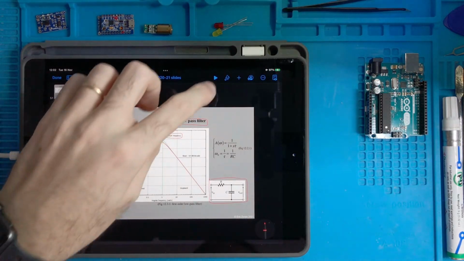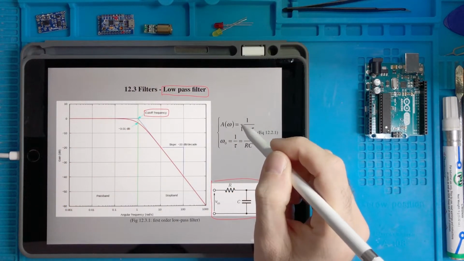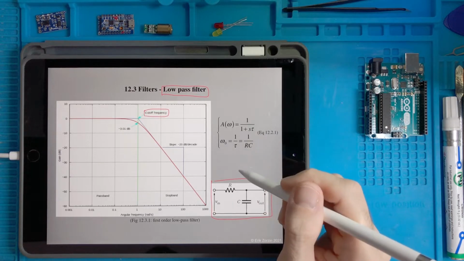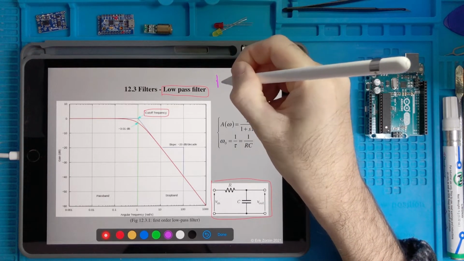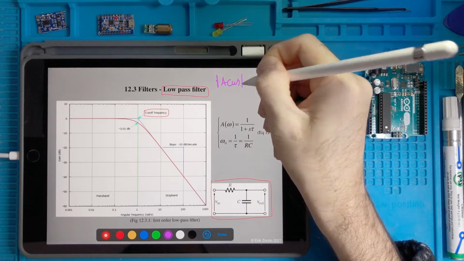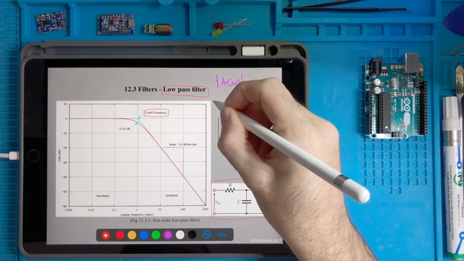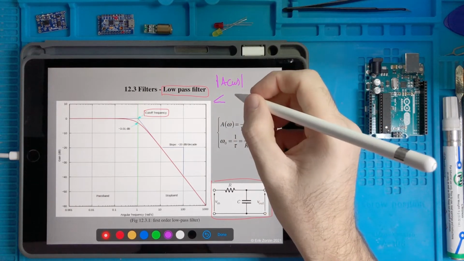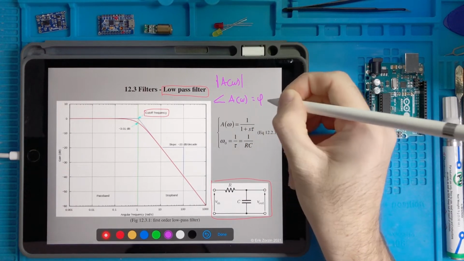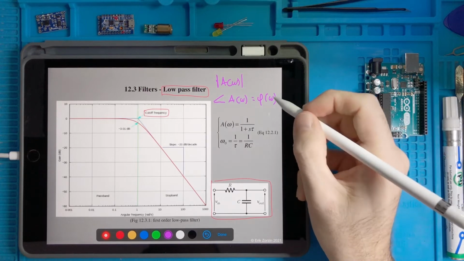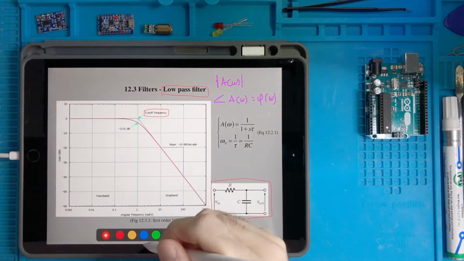So if we carefully study this function A of omega, it's a complex number. It means that we can compute the magnitude of A of omega and also the phase of A of omega, sometimes indicated with this angle thing like this. Let's call it phi of omega, and this one is the magnitude.